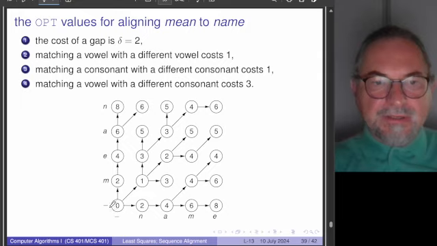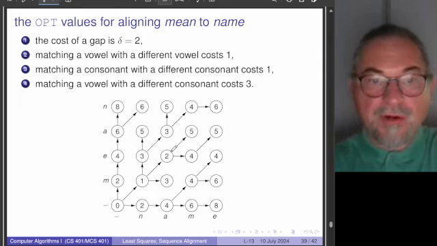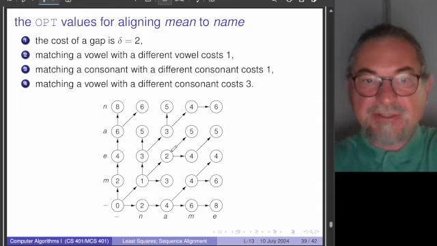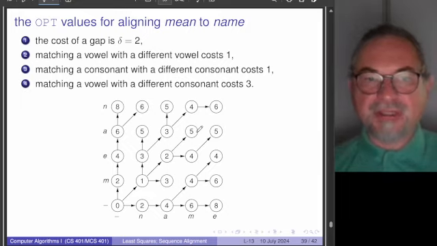You can see if you go diagonally, M and N, they are two consonants, so cost 1, so we have 1 here. Going up more, E mismatching with A gives you another +1, but then you have the high cost of mismatching a vowel with a consonant.